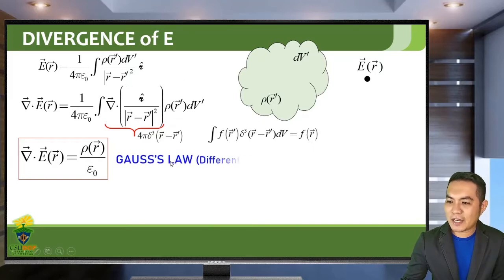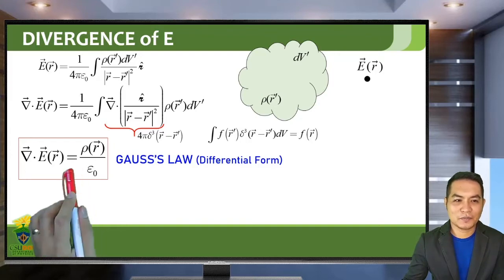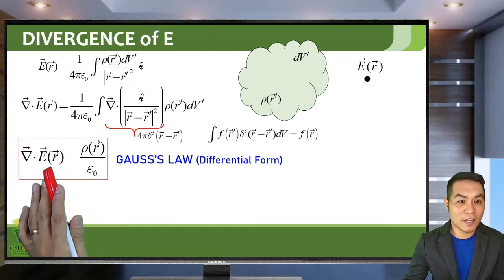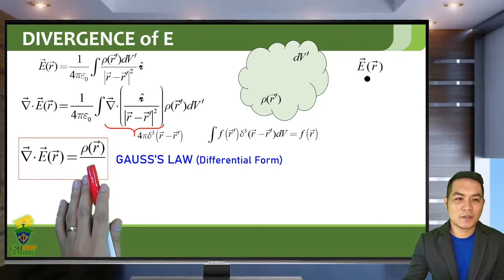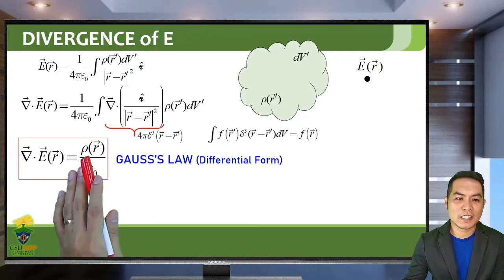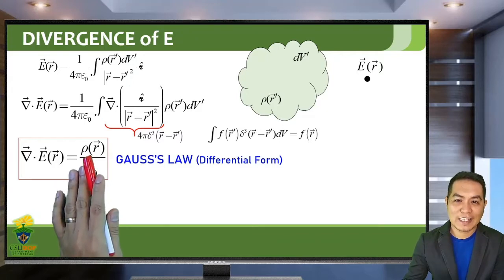So this divergence of the electric field is what we call Gauss's law, and this is the differential form of Gauss's law. You may have encountered the integral form of Gauss's law, and we will derive it later. So what does this tell you? The divergence of the electric field is essentially your volume charge density, since epsilon naught is just a constant.